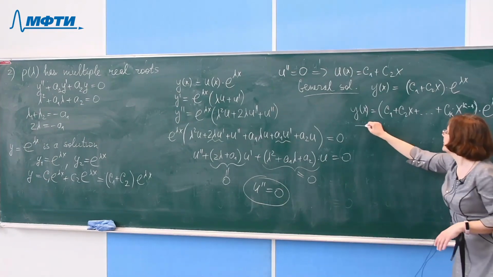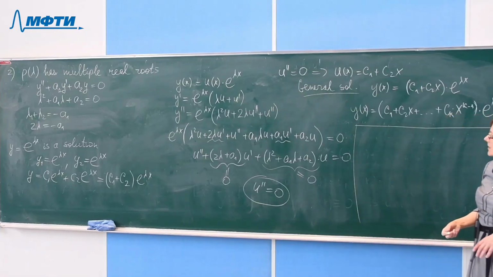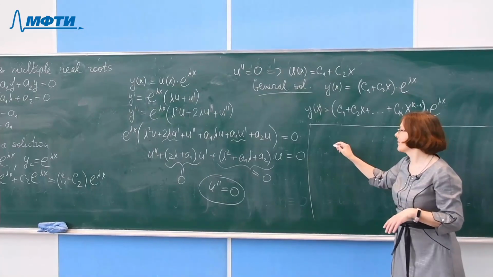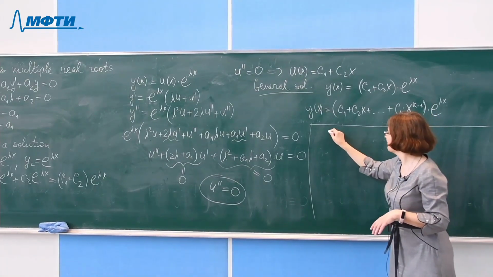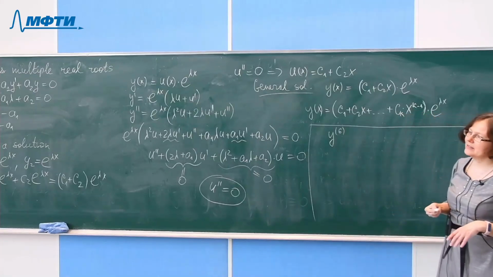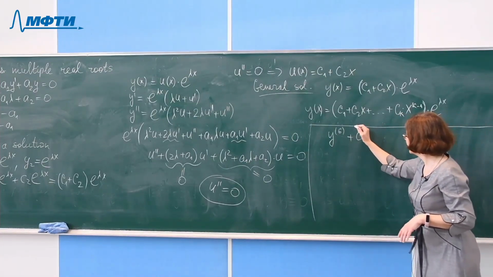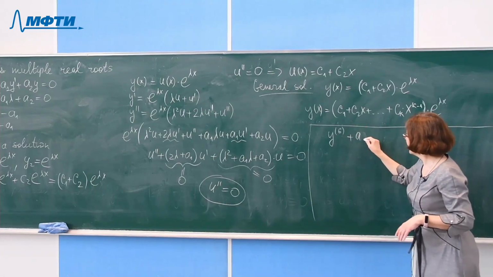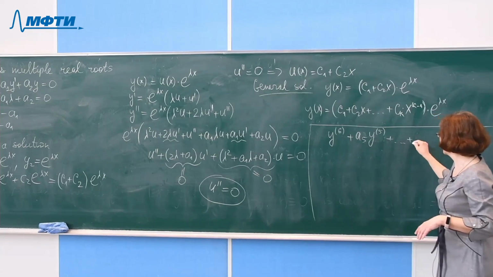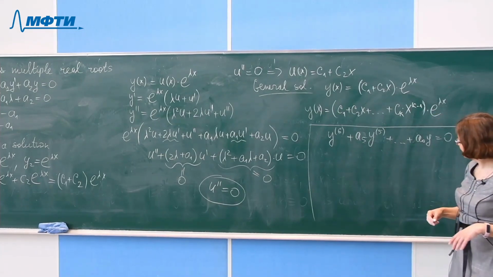And if, for example, let's consider something like a differential equation of order 6, with a5 y to the fifth derivative and so on up to a0 y equals 0.